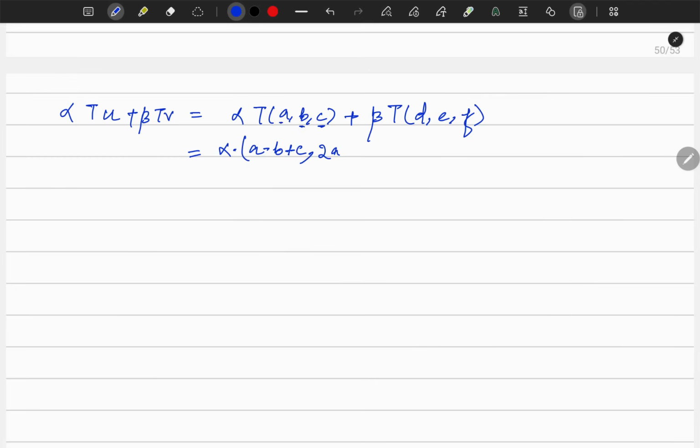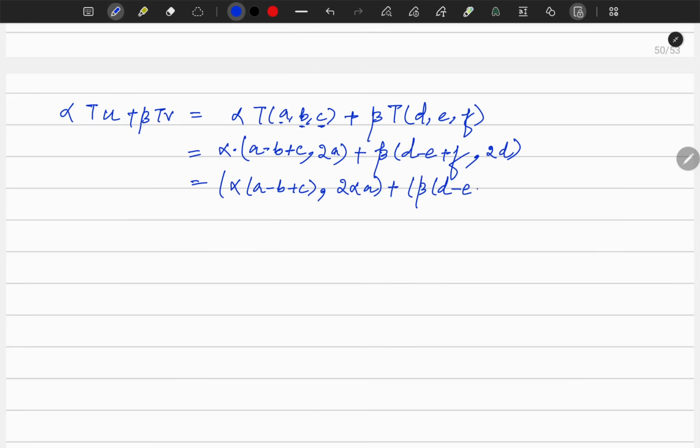And beta times, applying the T, (d minus e plus f, 2d). Now apply alpha, so you will get alpha times (a minus b plus c), comma, 2 times alpha a, plus applying the beta here, beta times (d minus e plus f), comma, 2 times beta d.